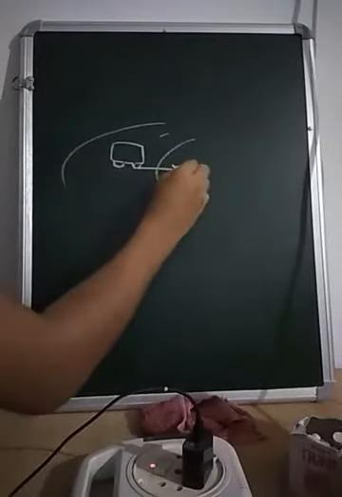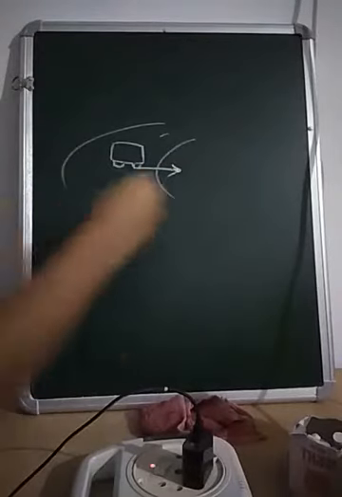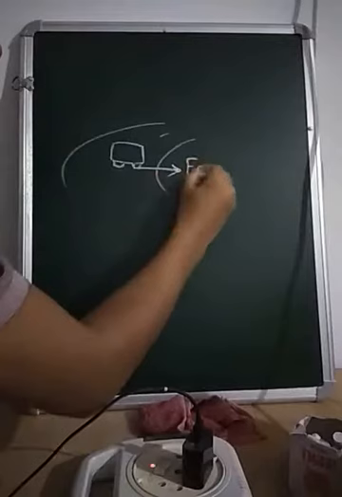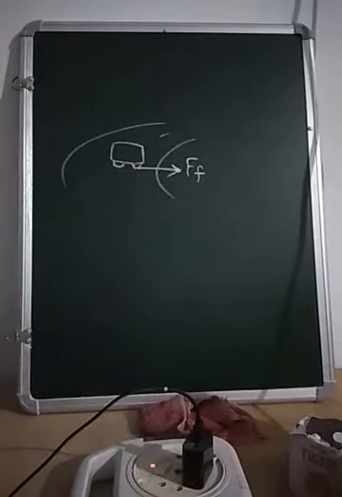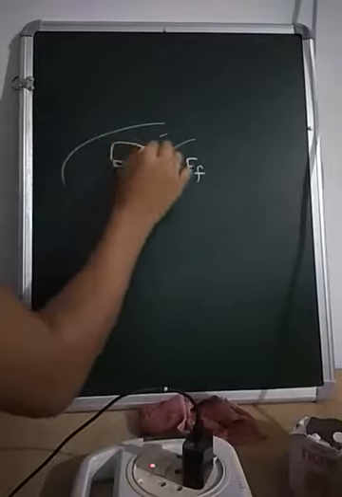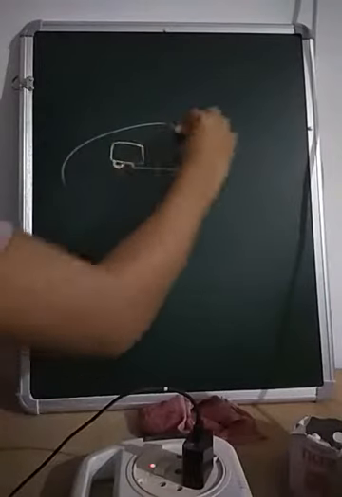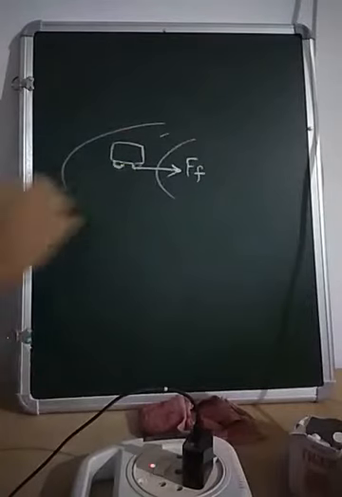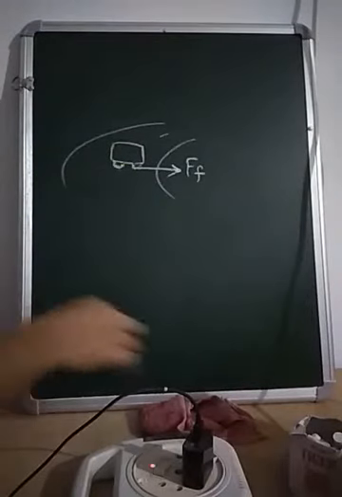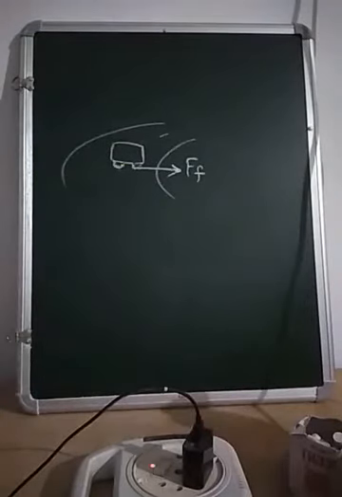And in this case, what is the cause of centripetal force? It is exerted by the force of friction between the wheel and the road. Okay, this is the front side of the car, these are two wheels, and the car is moving in this way. So these are the causes of centripetal force in different systems.